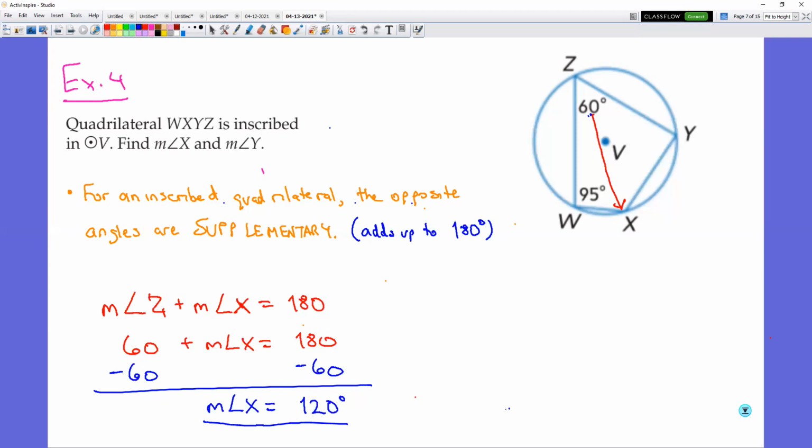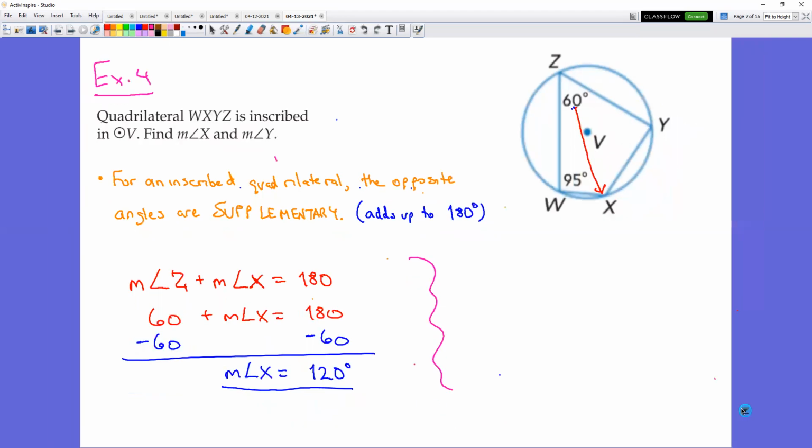We will do the same thing to help us find angle Y, because angle Y is opposite W. So we'll just do angle W plus the measurement of Y is equal to 180. So angle W is 95 degrees plus angle Y, which we do not know, equals 180.